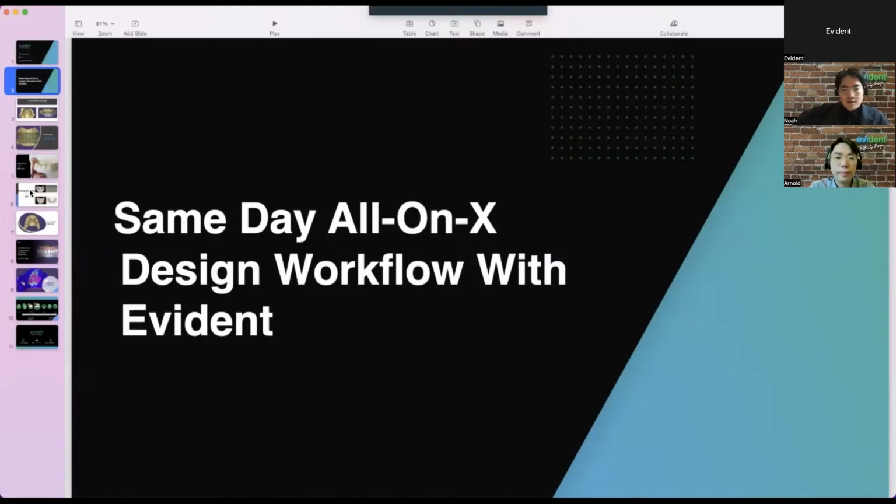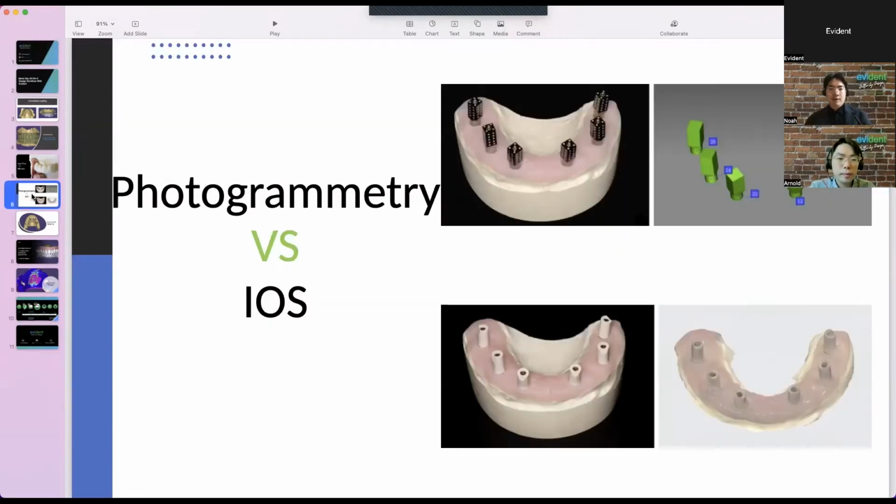To add context, when you're unsure of scan accuracy, that primarily happens when you're not using additive technologies like photogrammetry, and you may have some reservations about the accuracy of your scan. If you look at the image on the top, you can see that photogrammetry is really a holistic snapshot of all the implant placements. So it's completely accurate. If you're using that, you can have absolute confidence.